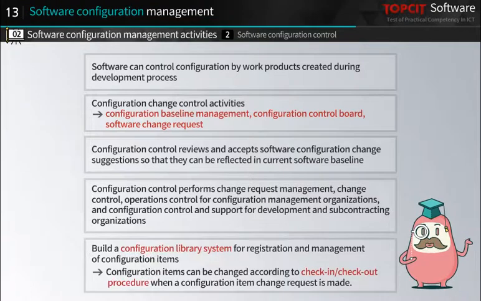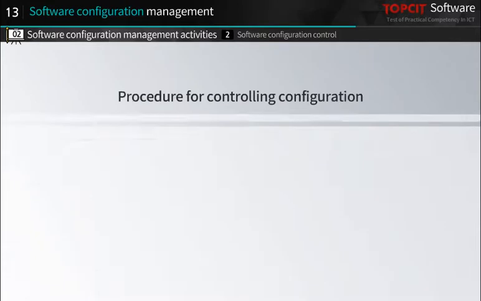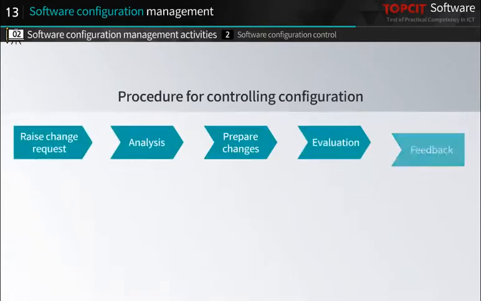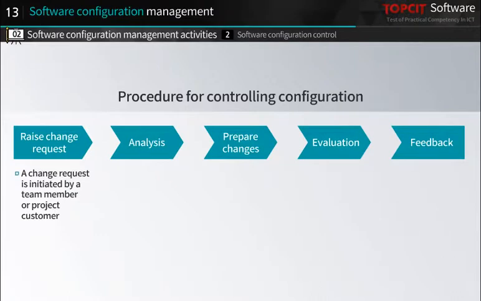You build a configuration library system for registration and management of configuration items so that configuration items can be changed according to the check-in, check-out procedure when a configuration item change request is made. The procedure for controlling the configuration takes 5 steps. First, a change request is initiated by a team member or project customer.